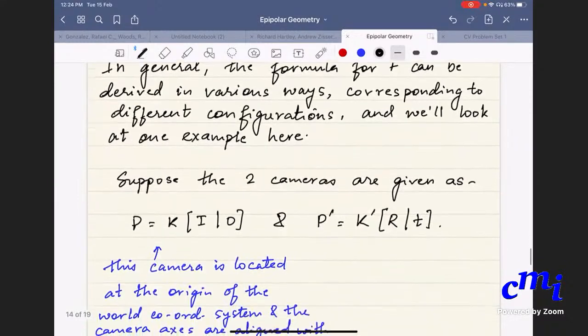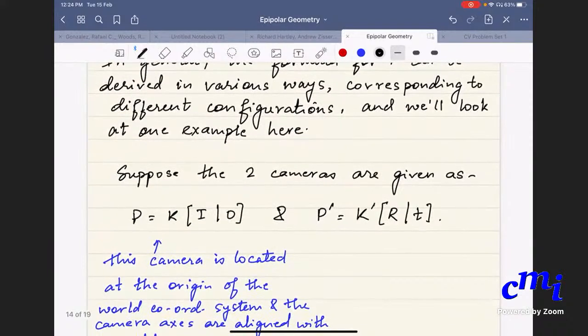Suppose you have the two cameras given to you. Remember this camera matrix: in general, how is a camera matrix written? A general camera matrix is given by K, R, T. K is the intrinsic parameters, R is the rotation, and T is the translation.